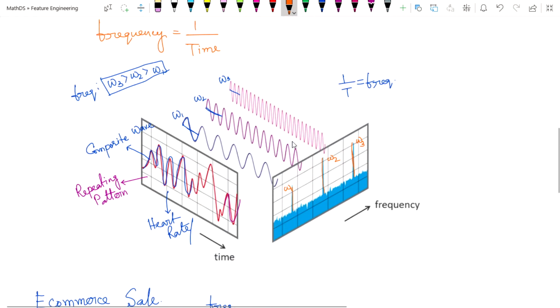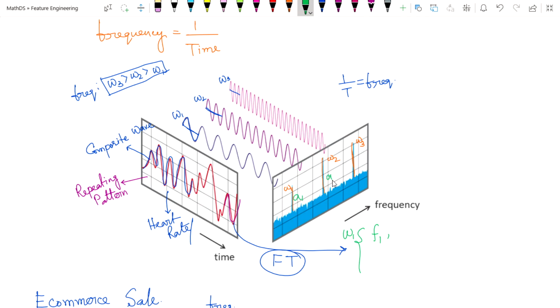Just take the same example. Here is our actual main composite graph. Applying the Fourier decomposition or transformation onto it, we get beautiful waves. For the W1 graph, its frequency is f1 and its amplitude is a1.